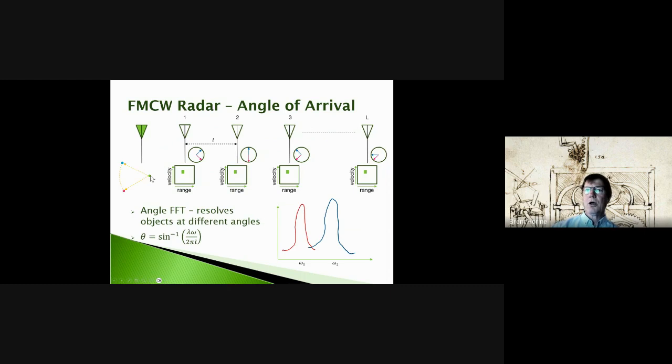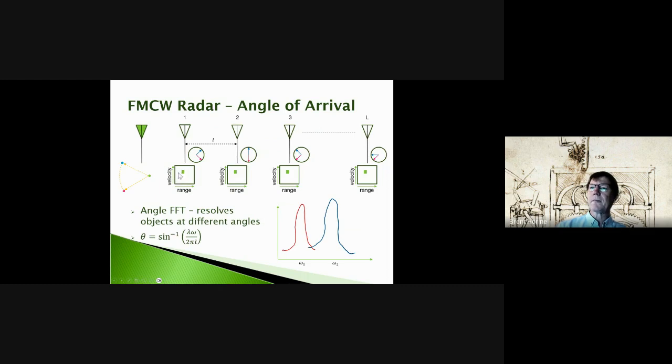Here we've got our transmit antenna represented here, and we've got a couple of different targets out there, objects that are reflecting. Now we have these L antennas. In previous slides, we had just 2 receiving antennas. Now we're going to expand that.